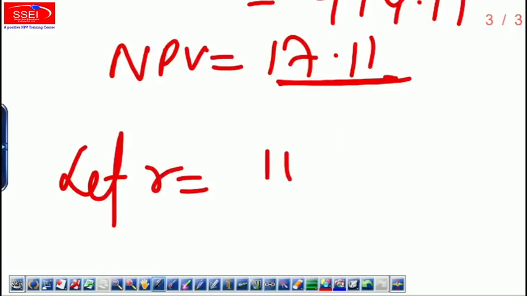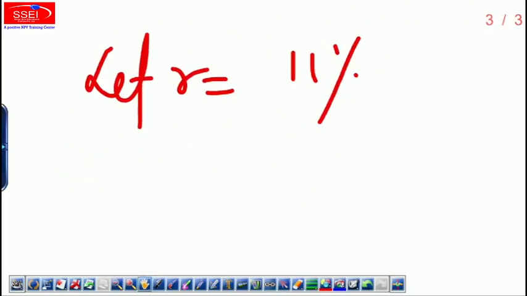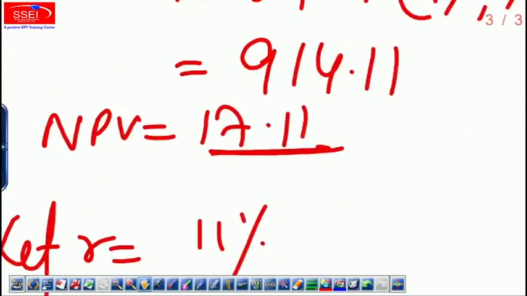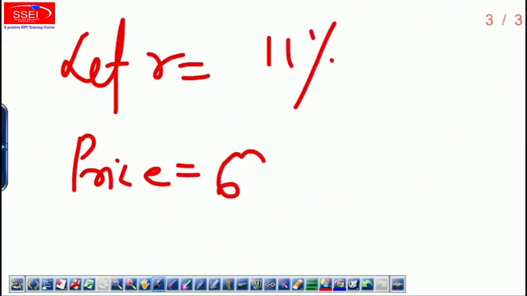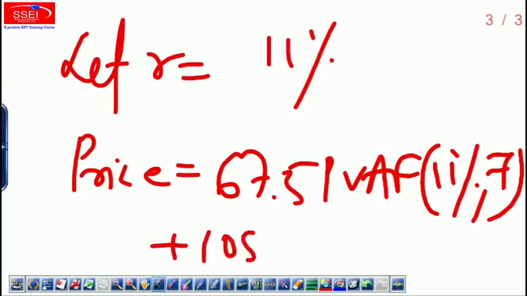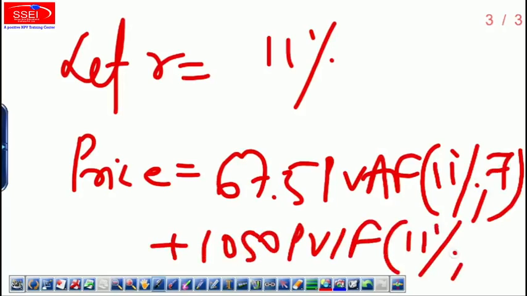So we take a higher rate. Let R equal to say 11%. So this time we do the same thing using 11%. 67.5 is the annuity, 11% is the discount rate, 1050 is the face value. We discount at 11%, so we'll get a lower price.